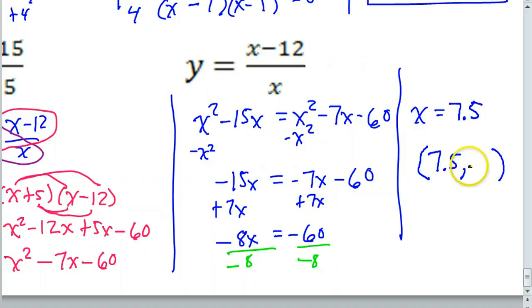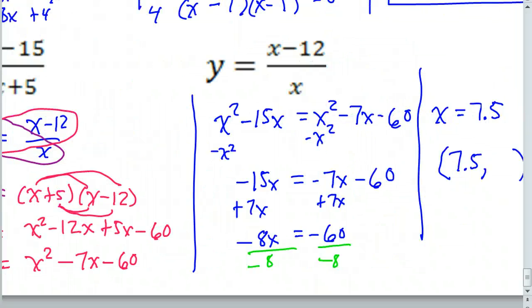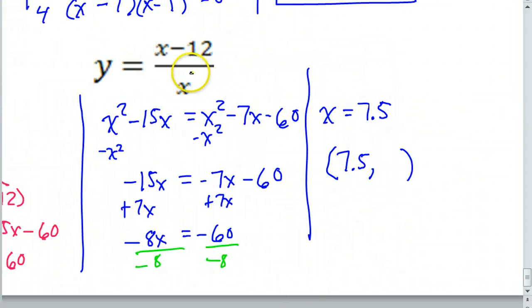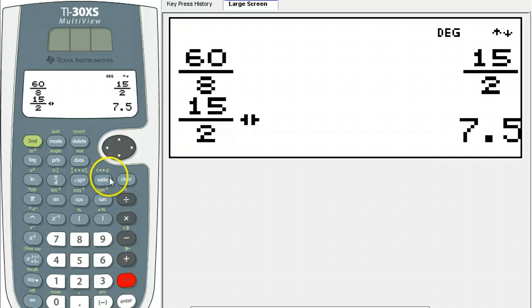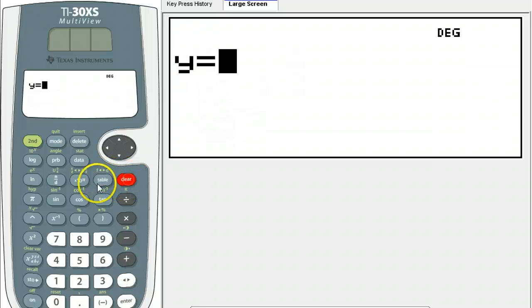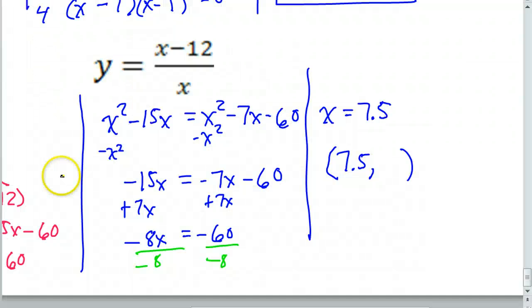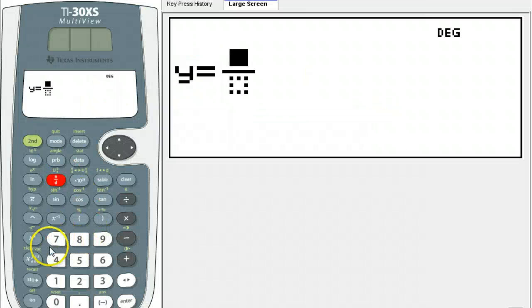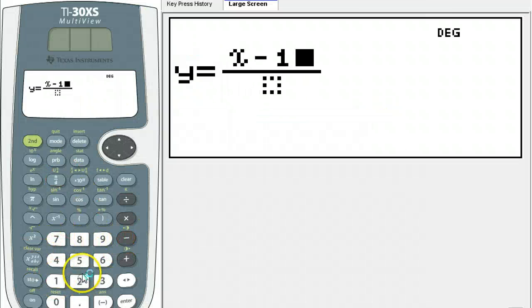But I need to find the y value that goes with it. So to do that, I can substitute 7.5 back into either one of these equations, really. Okay, or I can use my calculator if I want to. So x minus 12 over x, for example. Okay, so if I hit my table, okay, so I had x minus 12 over x.